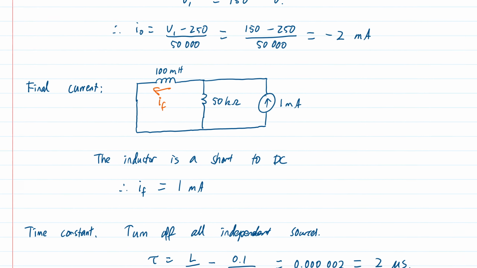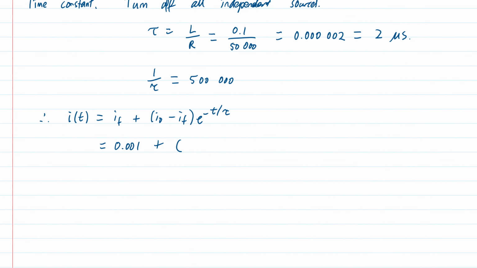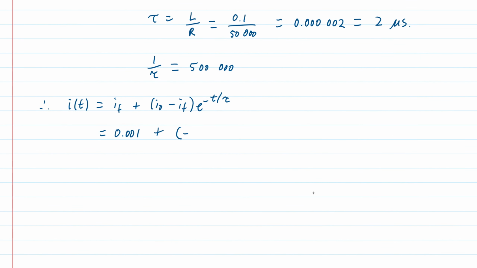I initial was negative 2, so negative 0.002, I should say, then minus IF is that, and then e to the negative 500,000 times t.